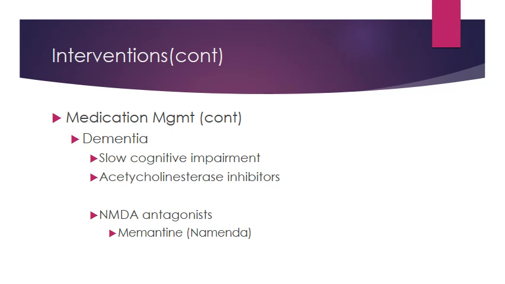In order to understand how these cholinesterase inhibitors work, we have to realize that acetylcholine is a neurotransmitter that deals with memory and processing information. But with Alzheimer's disease, there's a deficit in this neurotransmitter. There's some deficit in serotonin as well.